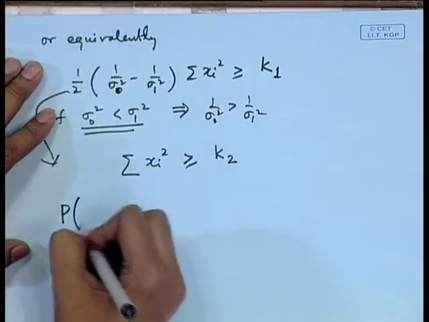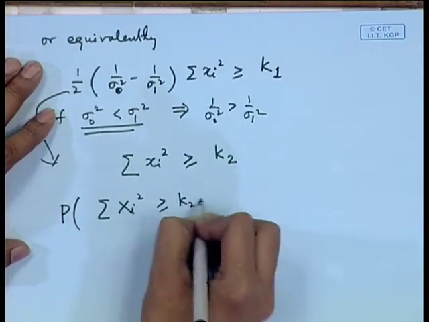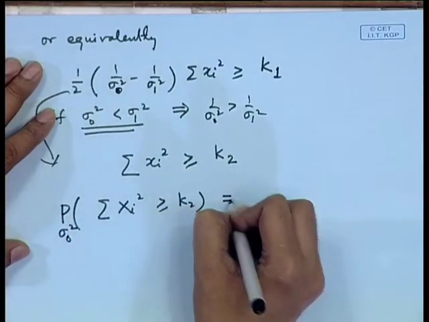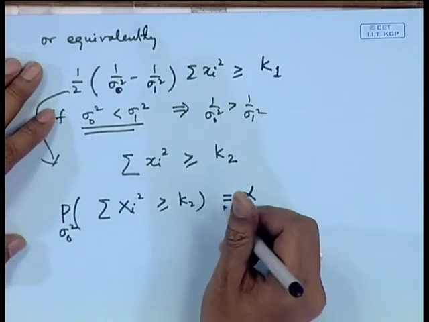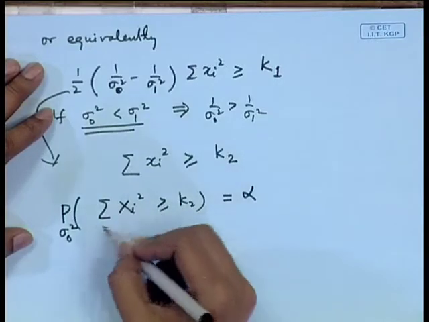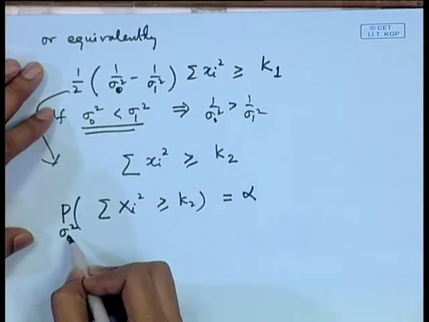So, in order to find the value of k 2, we need to look at the distribution of sigma x I square when sigma square is equal to sigma naught square.